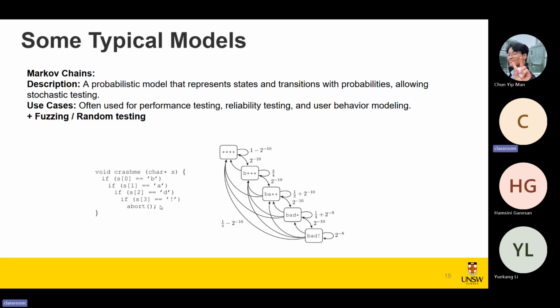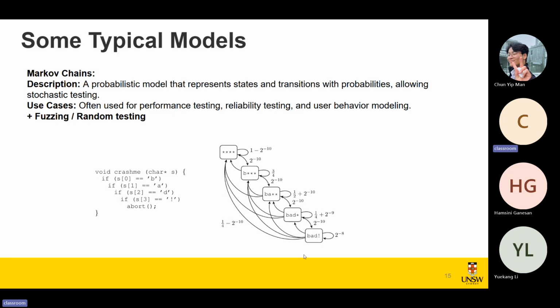So whether we can reach a certain level or certain statement here with a random input is associated with a probability, right? This is why we can model a program as a probabilistic model. If we feed random inputs into a program, the probability of reaching a particular location inside the program could be calculated.